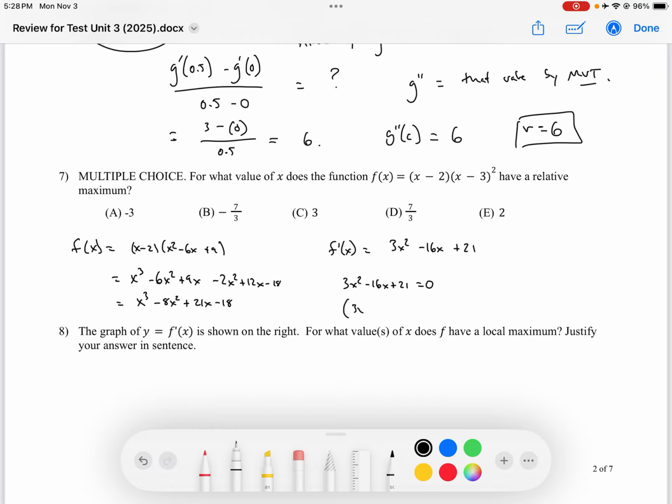Let's see if we can factor it. 3x times something and x, or 3x plus something and x plus something. And these second two numbers need to multiply to 21. So probably 7 and 3. Let's see.